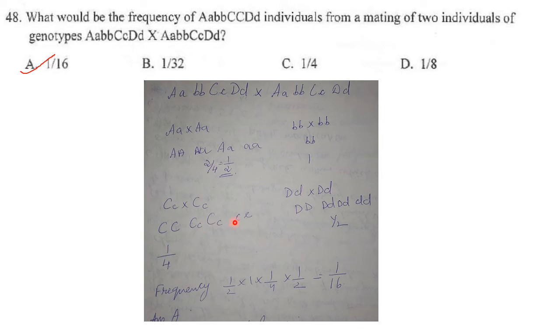See, out of all these four genotypes, only 1/4 frequency you will get it as capital C. And if you want capital D small d crossing, you have to get capital D small d in the offspring, then it is also half probability. Now the total frequency is half into 1 into 1/4 into half, that is 1/16. So the answer here is option A, that is 1/16.